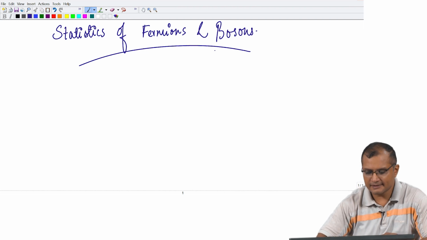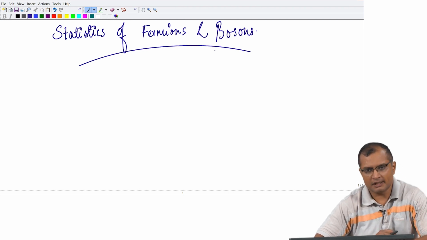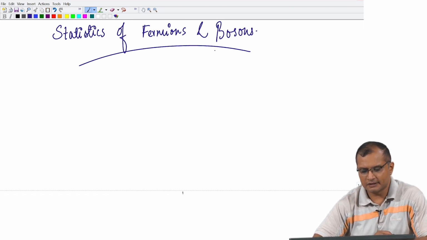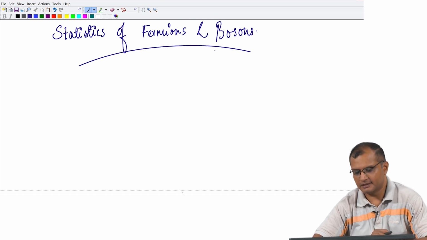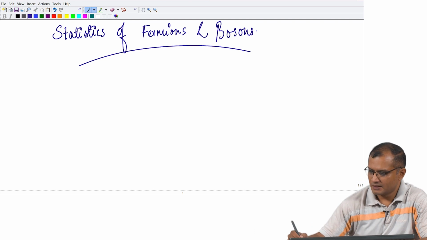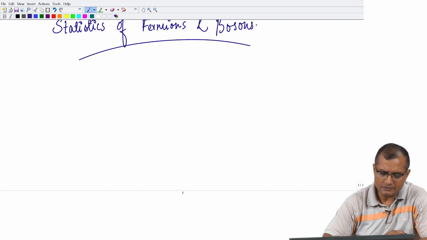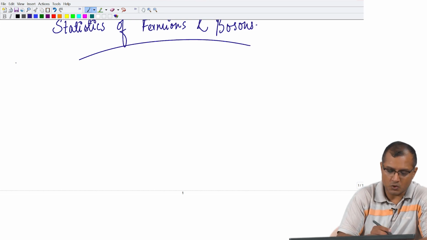Now, to derive the statistics, I will start with the partition function of a system of bosons and fermions, okay, that we have discussed in the last class. So, let us take the example of bosons first.